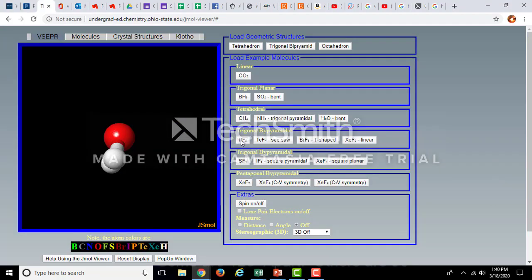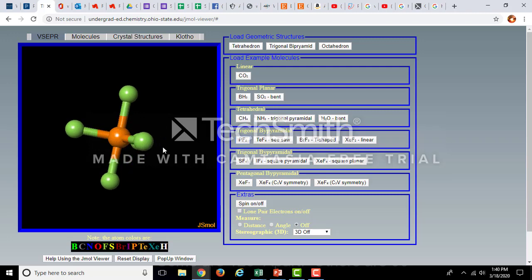So trigonal bipyramidal would be something like this. And you can see that 2 of the atoms are directly across from each other. So those with the ones on the side make 90-degree angles. But then if I spin it this way, you can see that these 3 that are around the center are at 120 degrees. So it's a little bit different.